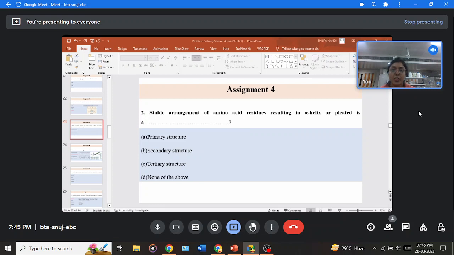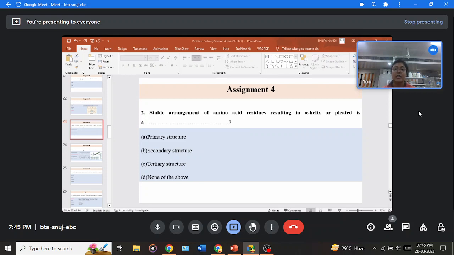The second question here is: stable arrangement of amino acid residues resulting in alpha helix or pleated structure is a: option A, primary structure; option B, secondary structure; option C, tertiary structure; and option D, none of the above.